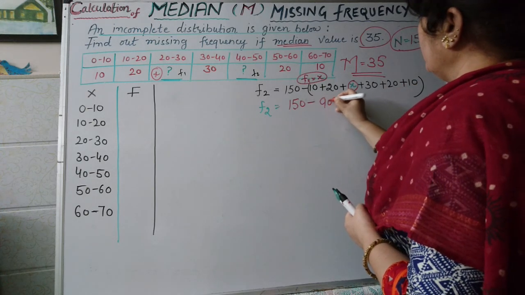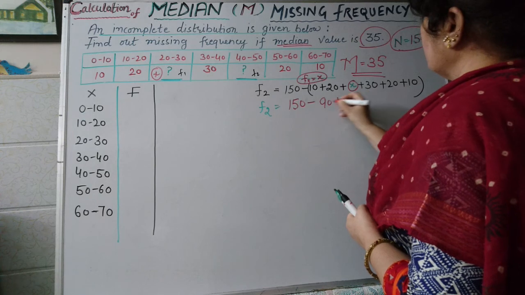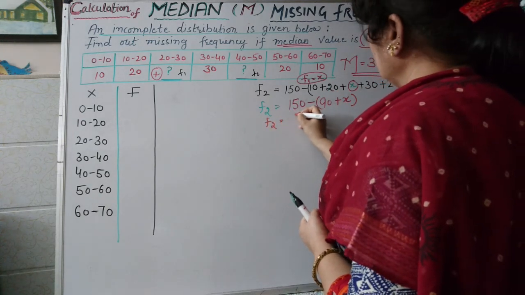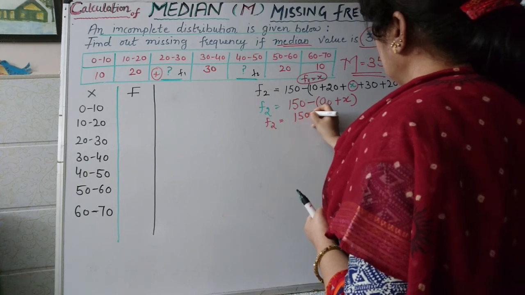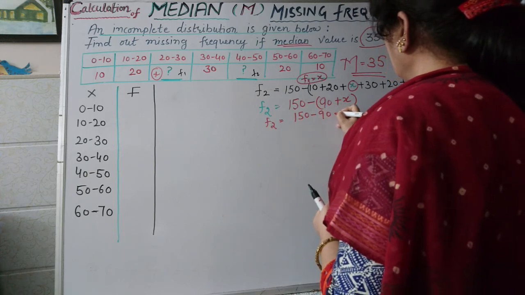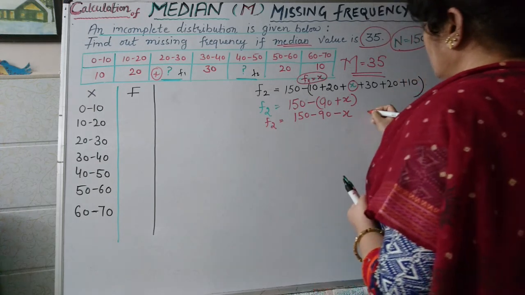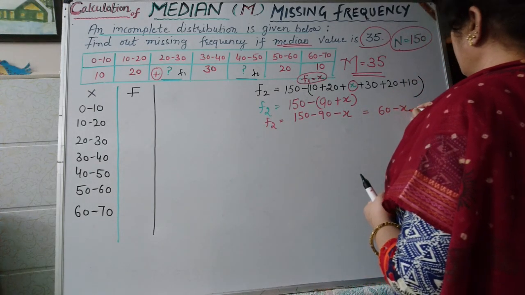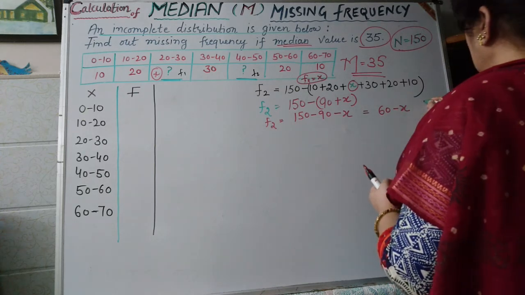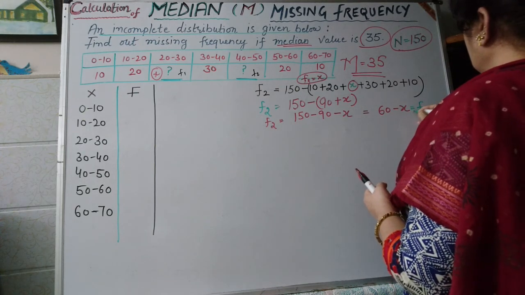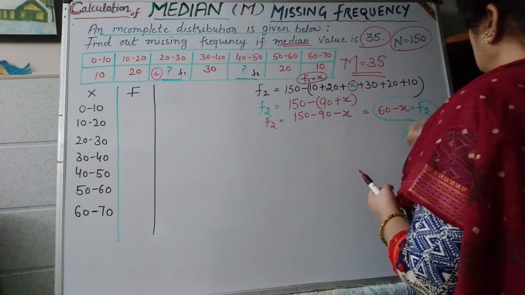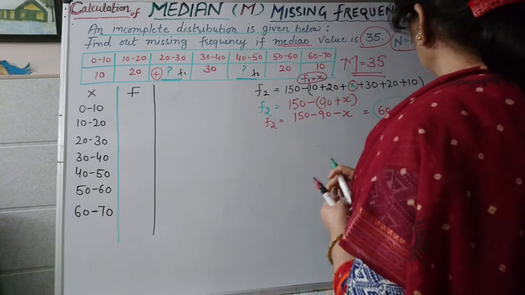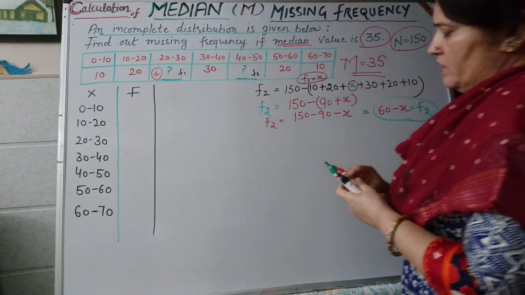So this is 90 plus x. So the value of F2 is equal to 150 minus 90 minus x, which is equivalent to 60 minus x. So this is the value of F2, 60 minus x, and the value of F1 is small x, which we have assumed.